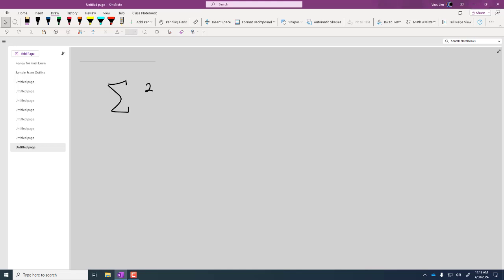Let's see, so that is a geometric series. Not necessarily in the right form. So we want to rewrite this. You should be seeing this numerator as 2 times 2 to the k.